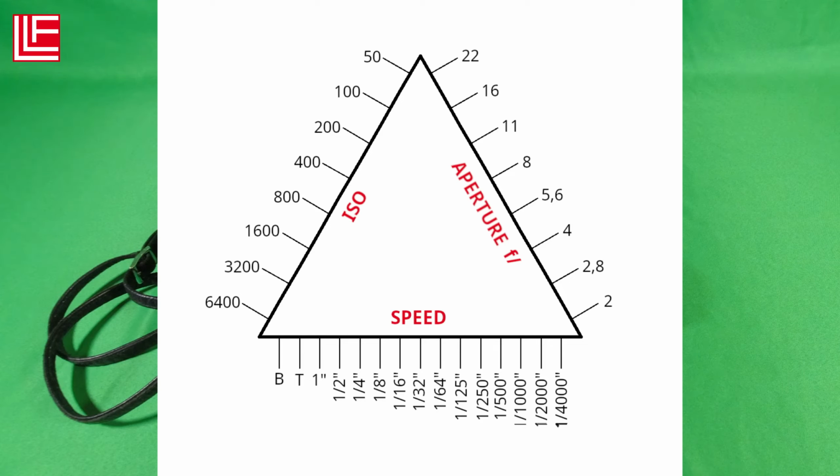So you need longer shutter speed or wider aperture. While the higher ISO captures a lot of light. It's like a tap with the water flowing in a glass. The higher ISO captures much more light, so you can use fast shutter speed or closer aperture.